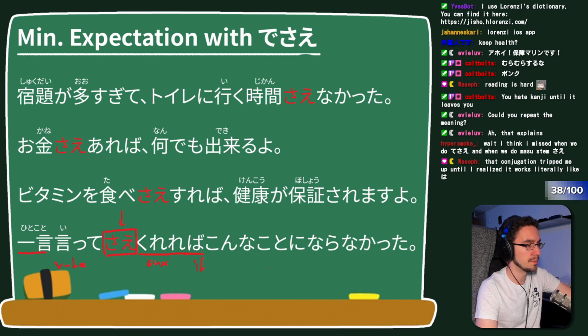If you told me this one thing, or if you just said one thing, if you mentioned it at all, konna koto ni naranakatta, it wouldn't have come to this. So you're essentially saying, if you had done the minimum thing, which is tell me one thing, just say one word, then it wouldn't have happened.